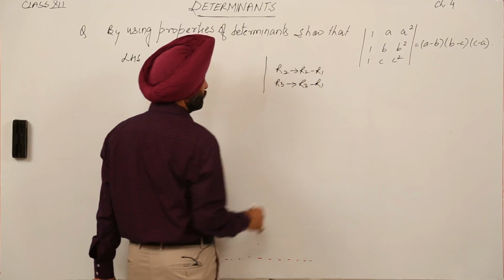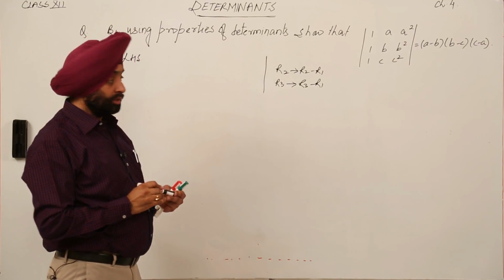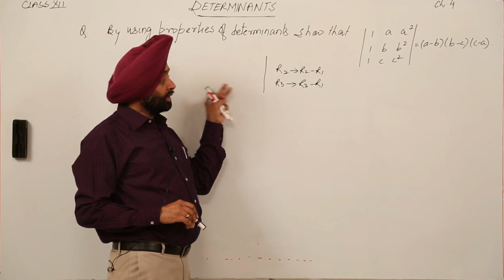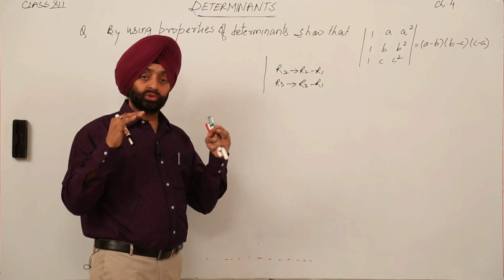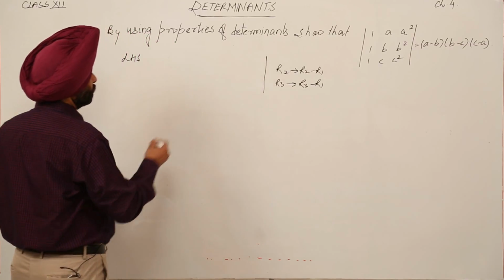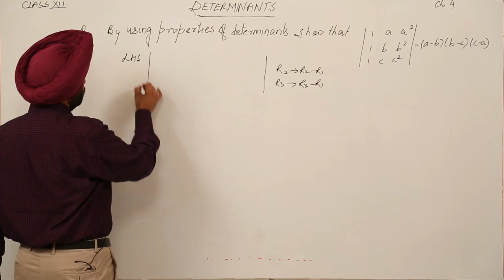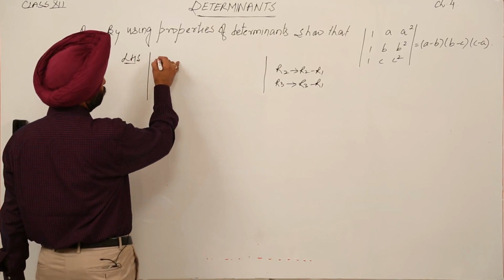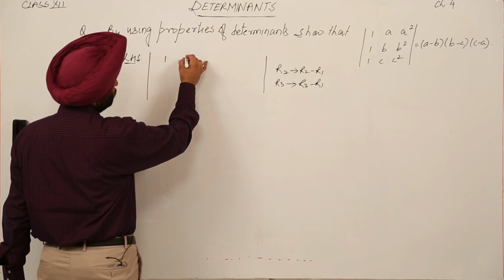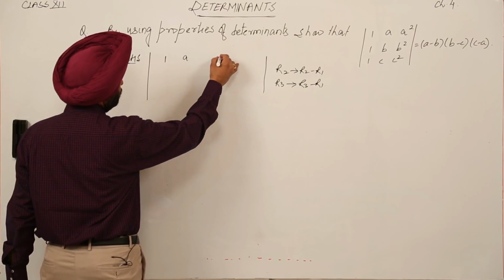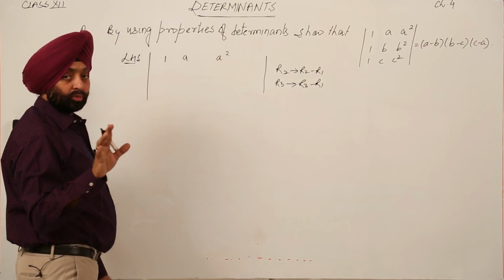Now when you are using two properties in the same operation, it will be considered as you have used two separate properties. So now what I have done here: we have got 1, a and a square, row 1 has not been changed.